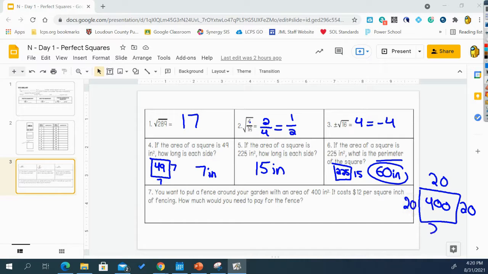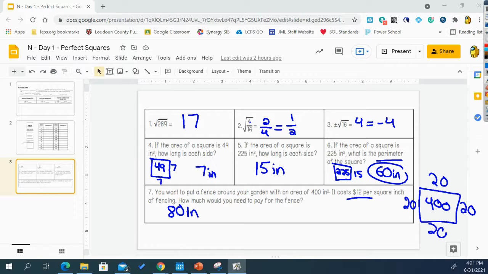So let's add that up. 20, 20, 20, and 20. Also, 20 times 4, that's the same thing. That's going to get us 80. So we know it's going to be 80 inches, but that's not the final answer because we're not done. Even though it's 80 inches, we're trying to figure out how much we would have to pay. Well, if it costs $12 per square inch, that means that we need to go ahead and multiply.